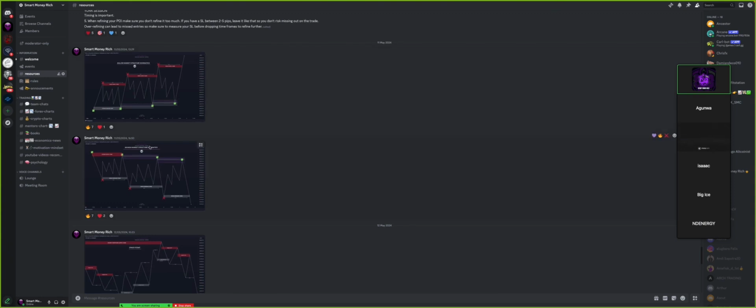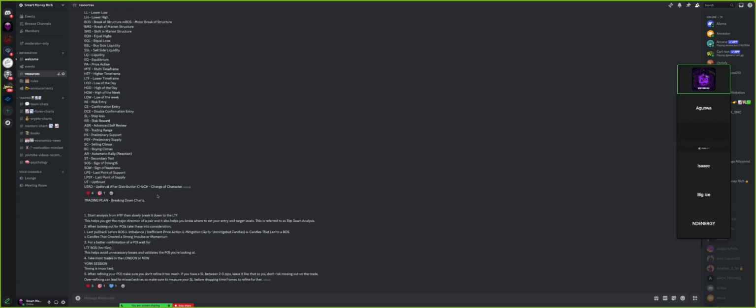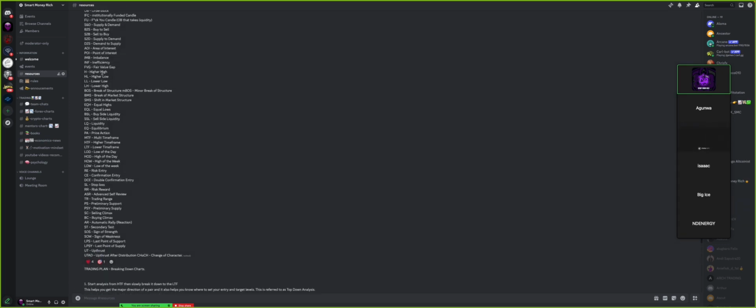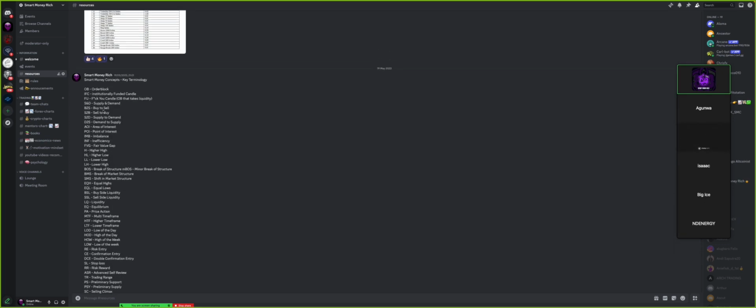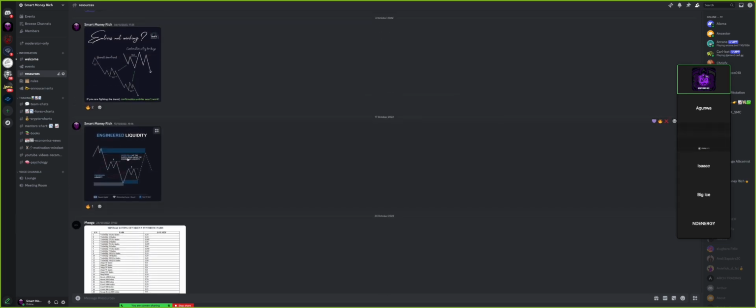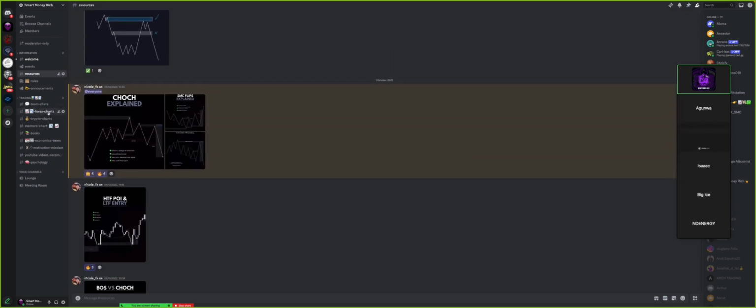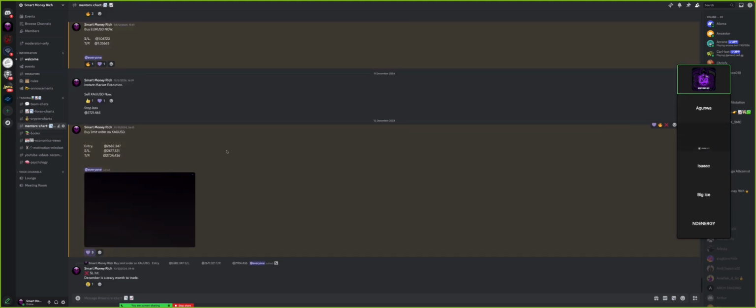Bullish break of structure, bearish break of structure, change of character versus break of structure. You can have these things in your phone, and then you can go and look at all of these things in the resources page. You can see what we have here, engineered liquidity, right? Over here, you can see all the resources here. We have a lot of resources here. And then if you come to my chart, you will see a lot of before and after.